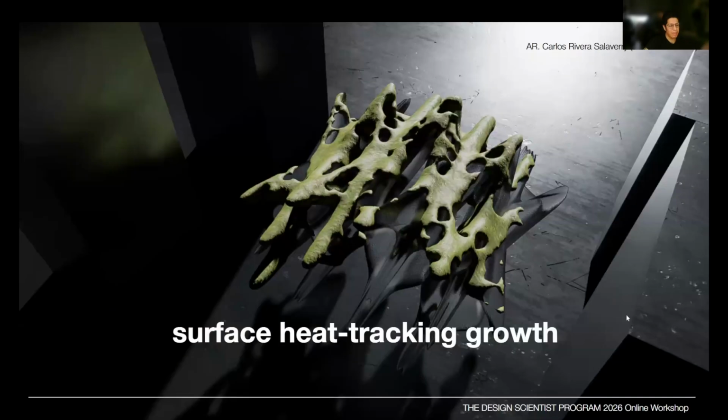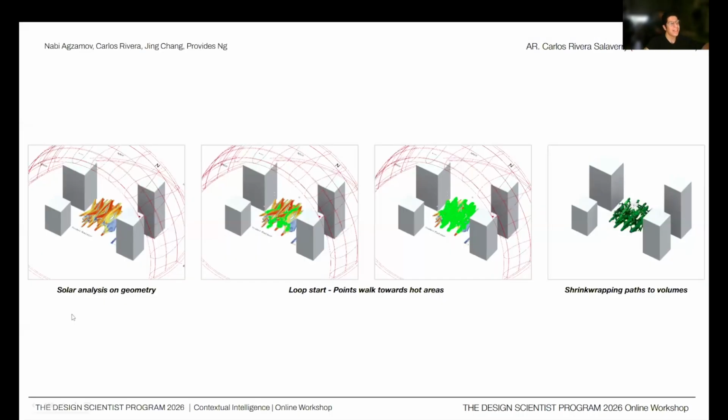For behavior, we're going to start defining and designing surface heat tracking growth entities, in this case related to solar analysis and how they grow towards hot areas.